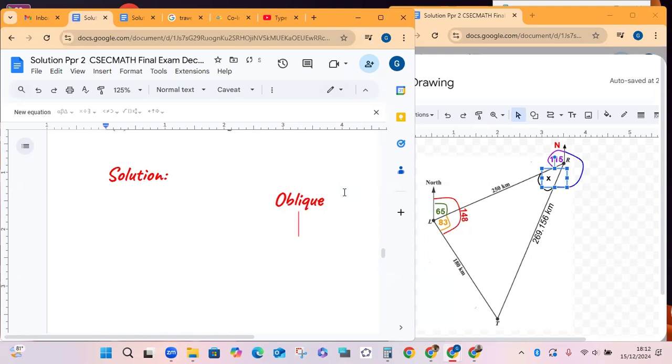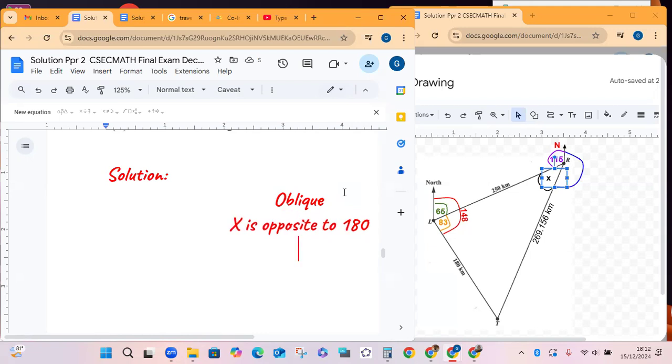Now, it's always good to start with the letter you're trying to find. X is opposite to 180.